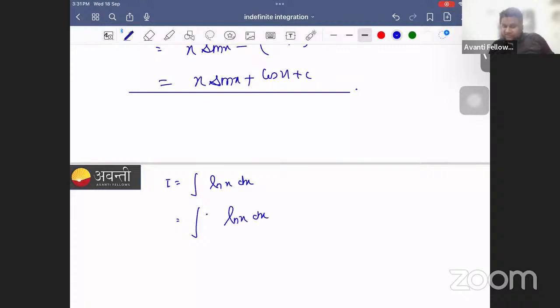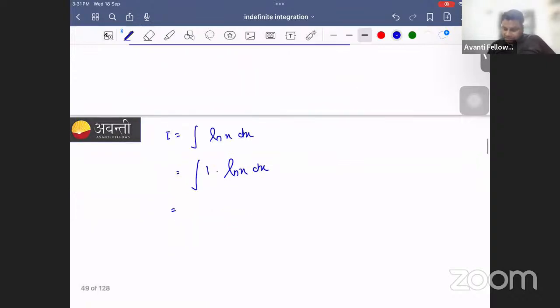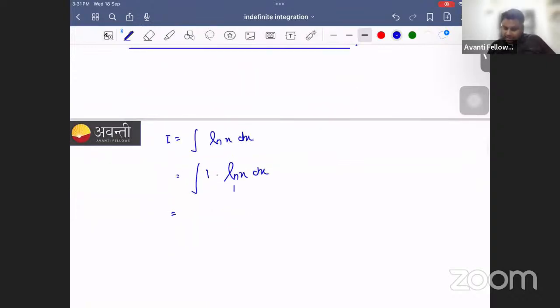We take one along. Got it? Now integrate. Assume this one as first function ln x, one as second function.